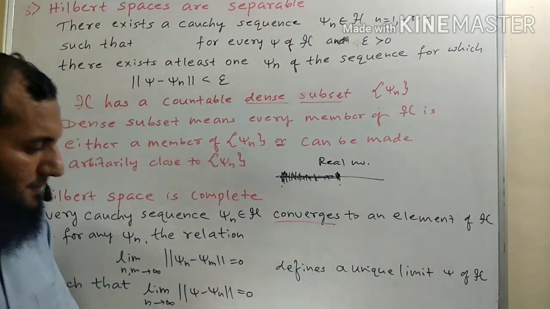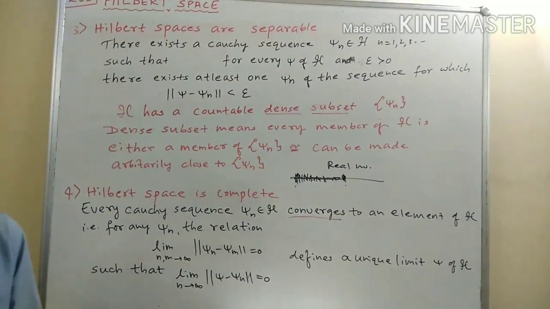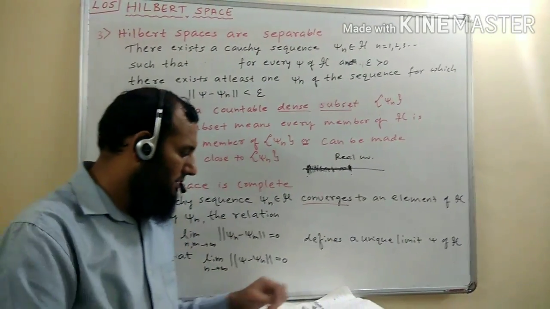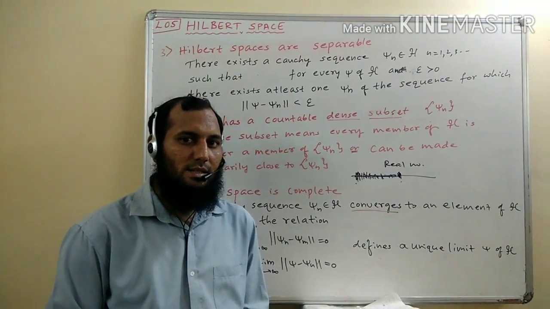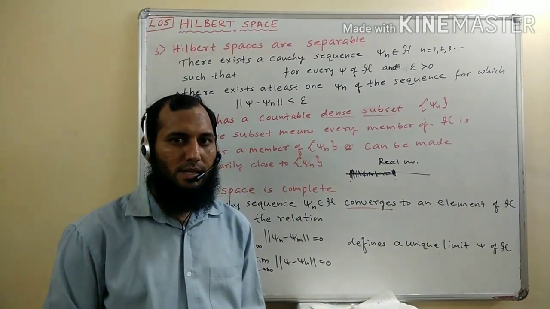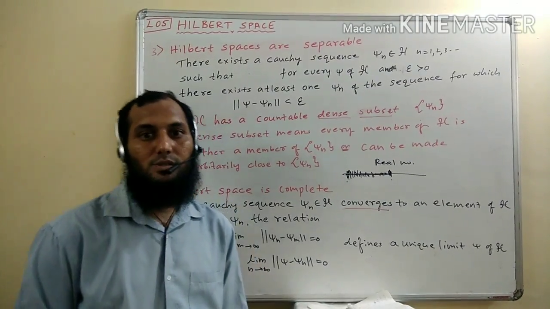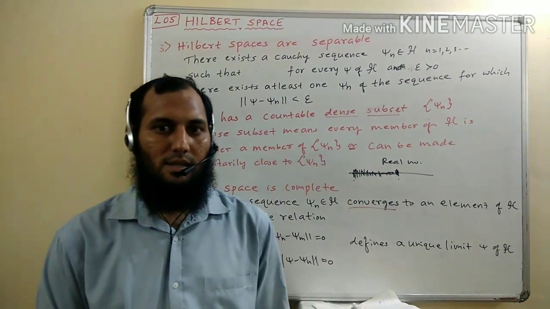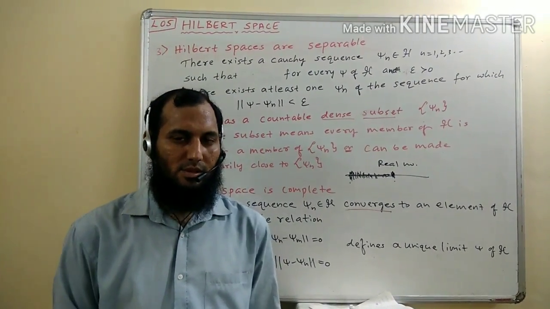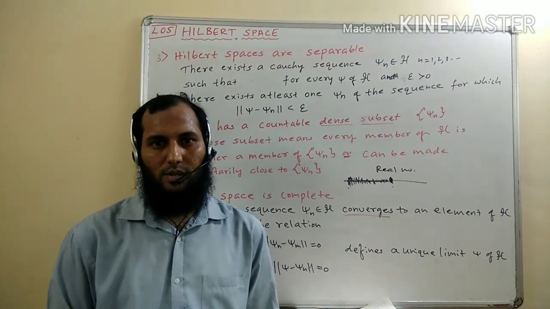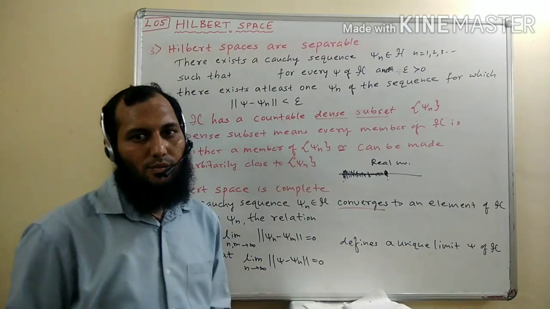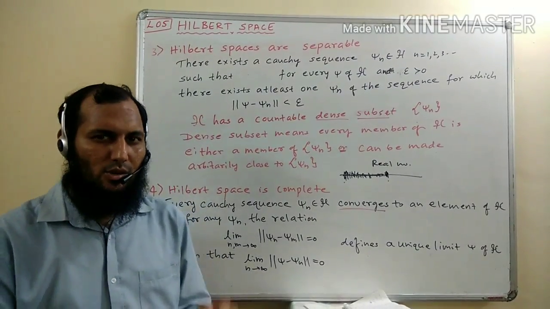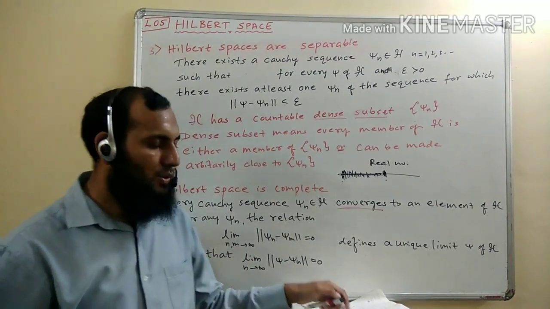So students, in this lecture we have seen the Hilbert space, the meaning of Hilbert space, and the properties that are satisfied by a Hilbert space. The kind of question which you may get in your university exam is: explain Hilbert space, for 10 marks. If this question comes, you need to write all the things which we discussed in this lecture, all the things which were written on the board.